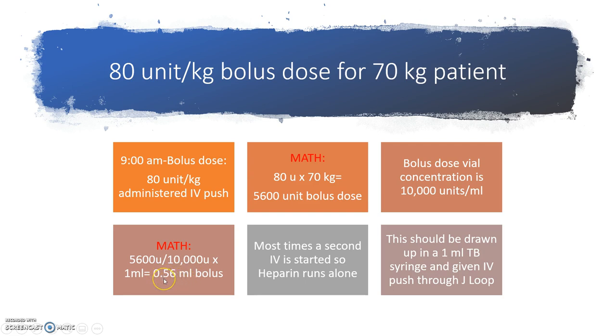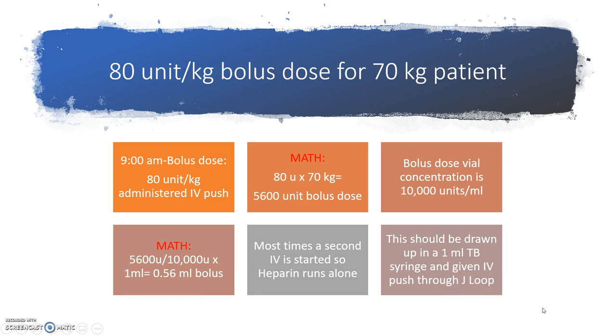So many times it's 0.46, 0.56, 0.8 at the very most. If your patient is very large, it'll be closer to 1. So as a baseline, if you've come up with a calculation that's 5 milliliters or 3 milliliters, you've probably made an error. Okay, so this is a 0.56 milliliter bolus dose. Draw that up in your TB syringe and you'll just give that through a push through your J loop.